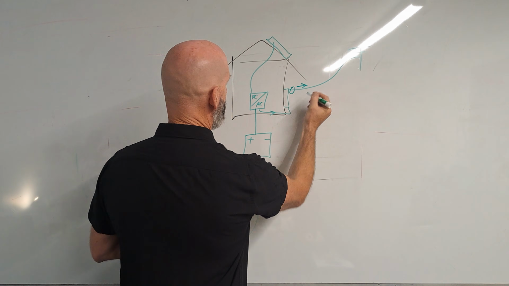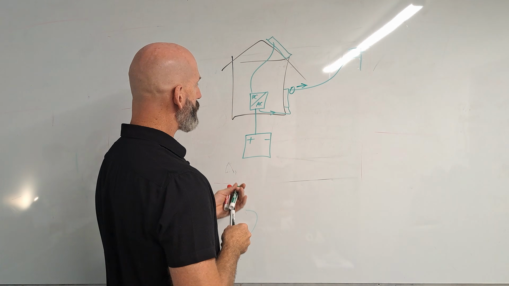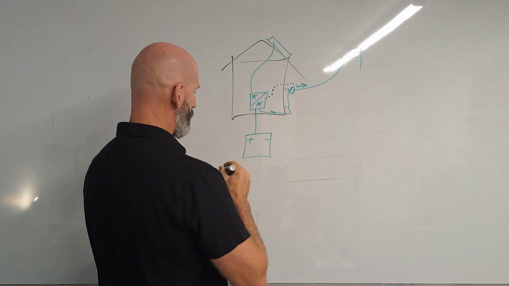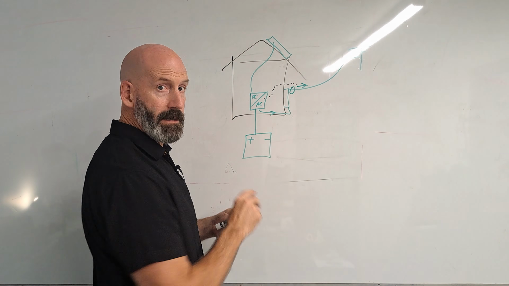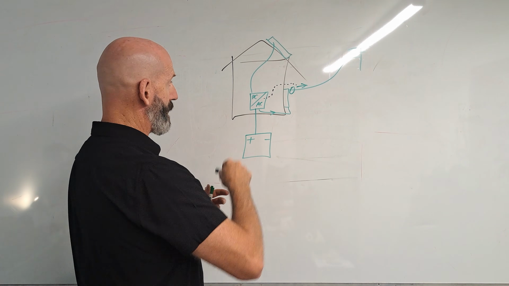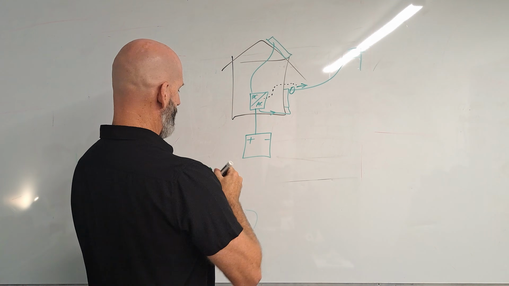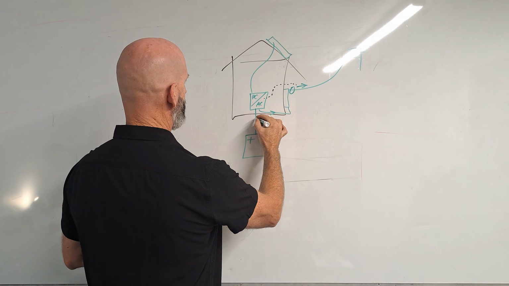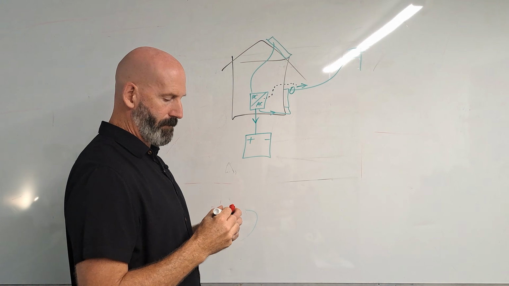If it sees power going out this way, there will be a communication cable from that CT back to your inverter. That's going to say, hey, instantaneously at the speed of electricity, there is something trying to go back to the grid. Rather than allowing it to come down here to the grid, how about we take it and we push it into the battery?